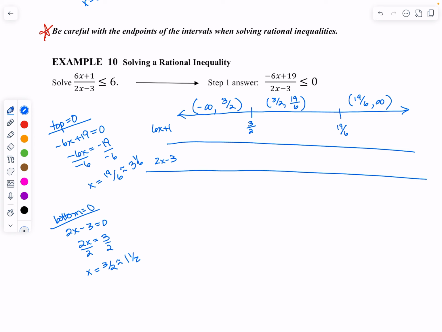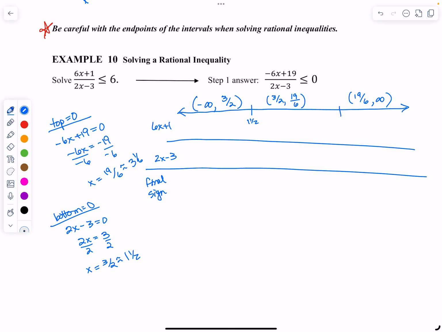Figure out the top is positive, the bottom is negative, or whatever, and then I find my final sign for my answer. I'm going to rewrite that, if that's okay with you. I'm going to write this as about 1.5, and this as about 3 1/6.